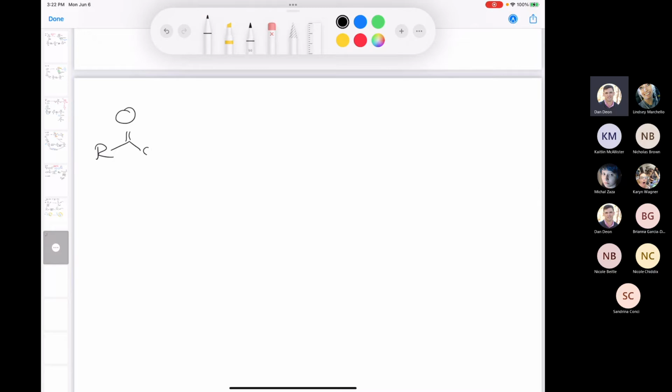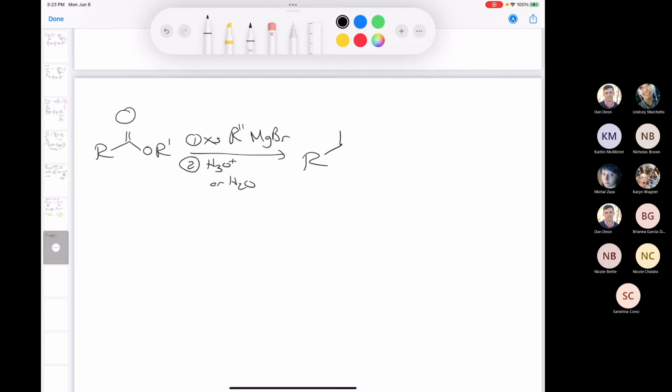If we have an ester like this and treat it with excess of, let's just pick a Grignard, R double prime MgBr, followed by treatment with H3O plus or H2O, you end up adding that R group twice. So you end up with R double prime, R double prime. It adds two times to make a tertiary alcohol.